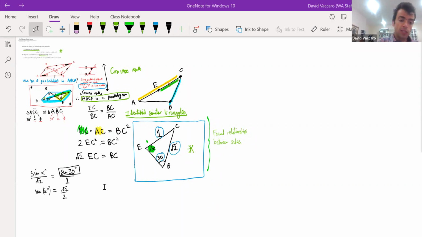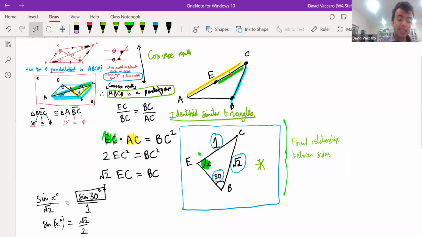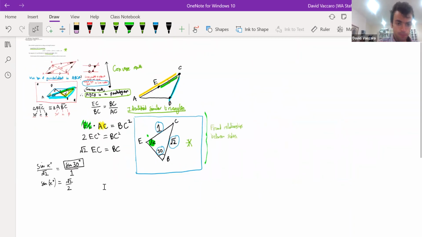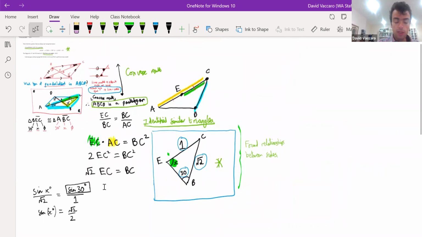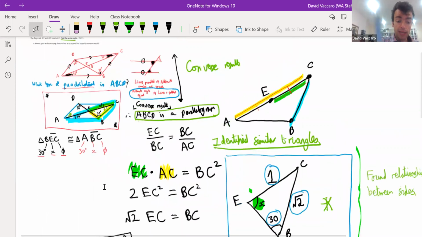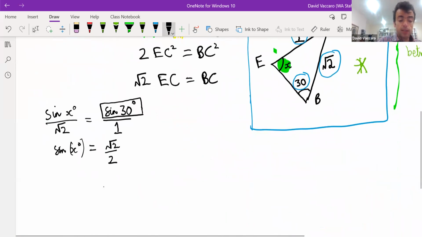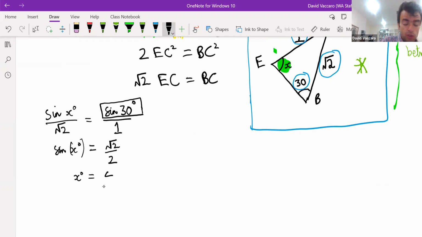Okay, and notice that sine x equals root 2 over 2 is not uniquely specified. Because it could be the obtuse angle. But we know that the question asks for the acute angle. So as the angle is acute, x is equal to 45 degrees.